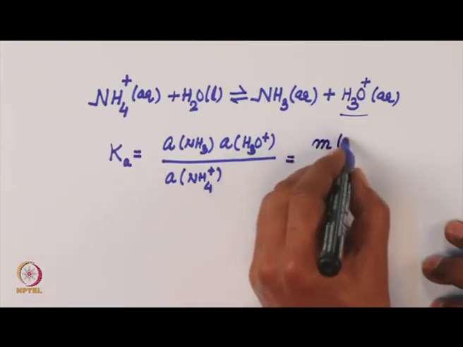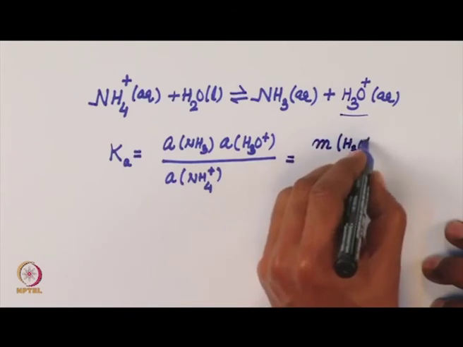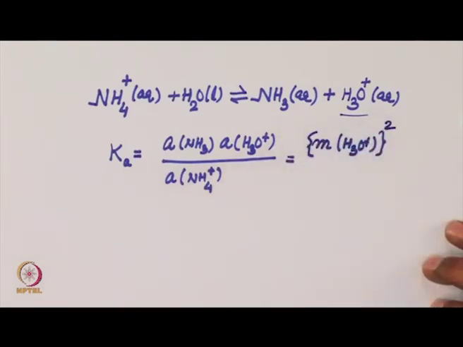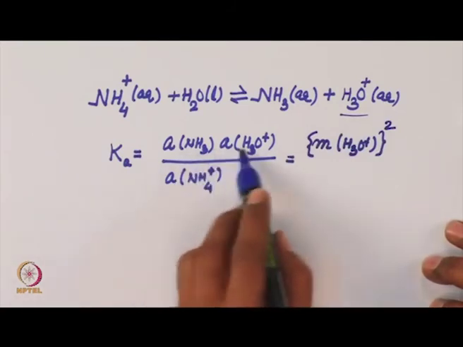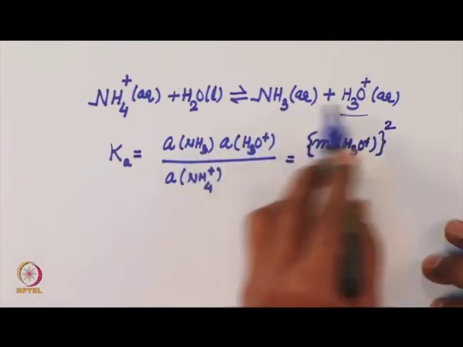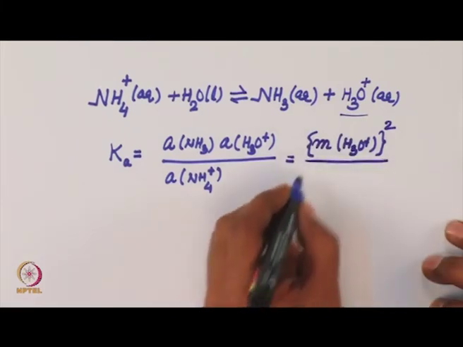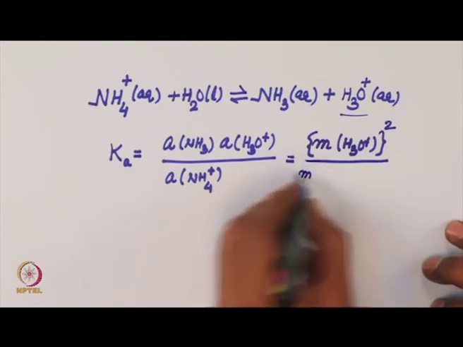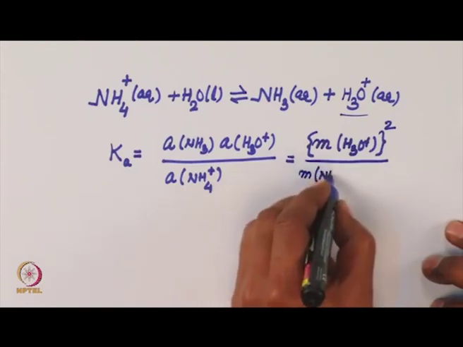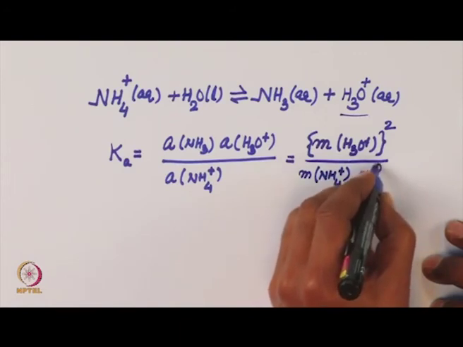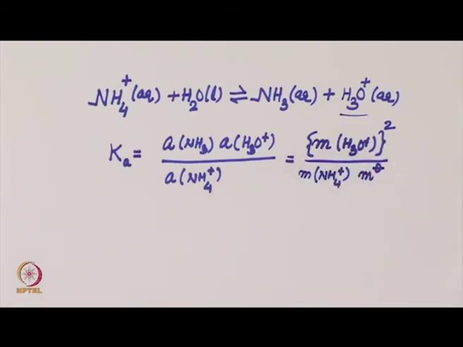Molality of H3O plus square, because the concentration is the same, it is 1:1. So molalities are equal, divided by molality of NH4 plus, and I will also put M naught. M naught is 1 mole per kg because it is to be made a dimensionless quantity.